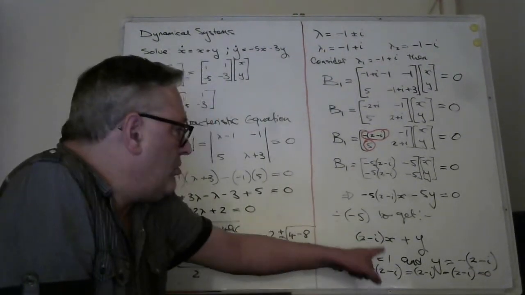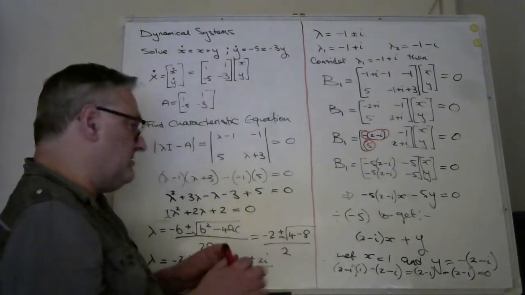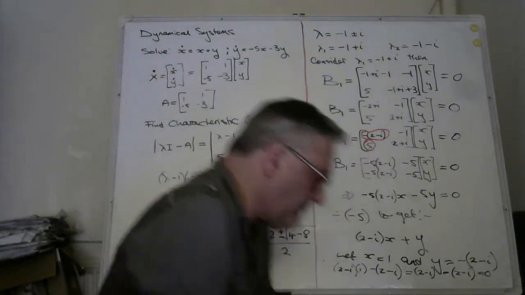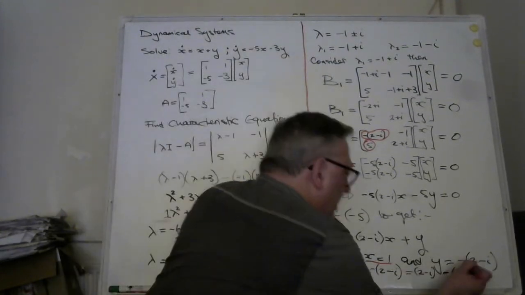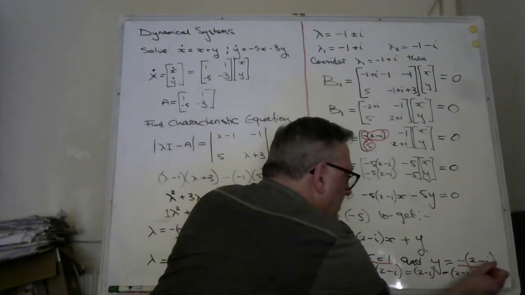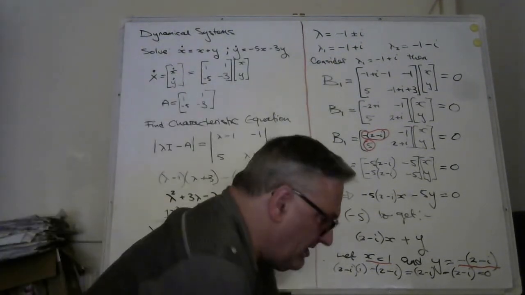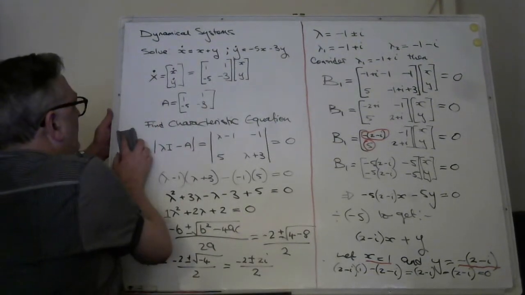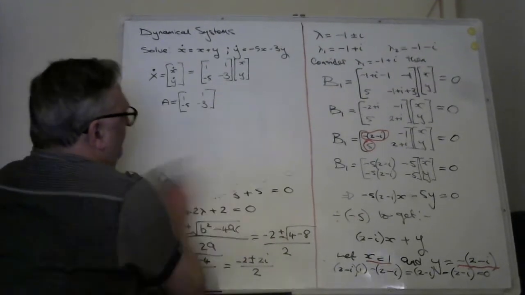So we know that our eigenvector is composed, or one could say comprises of, the x component, which is 1, and the y component, which is minus, in brackets, 2 minus i. So we'll write down our first eigenvector. And we'll leave that bit on the board.